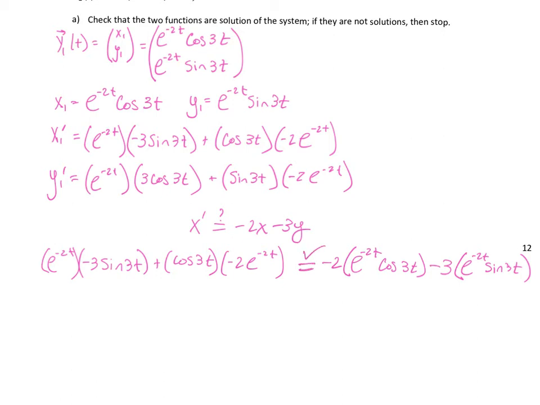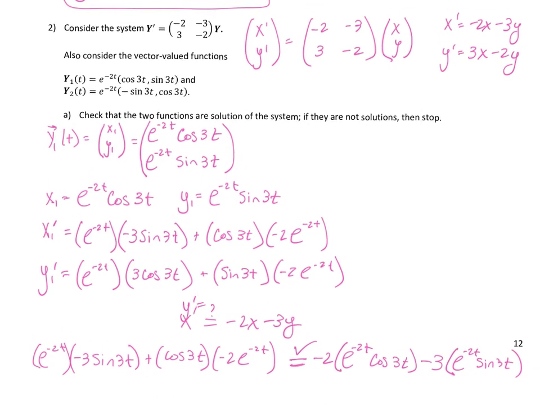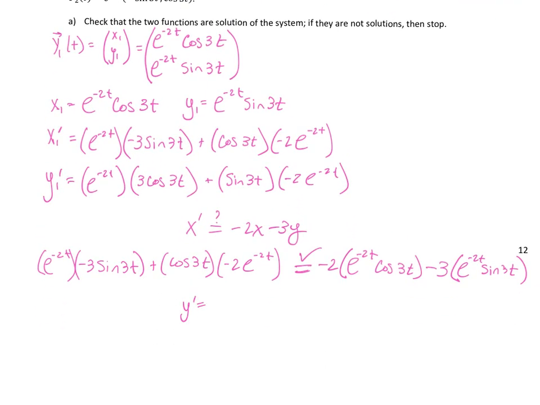Okay, so the x1 seems to work, but to be a solution, x1 and y1 both have to satisfy the system. So remember that the equation for y prime was, I'm just going to scroll up and look, 3x minus 2y.